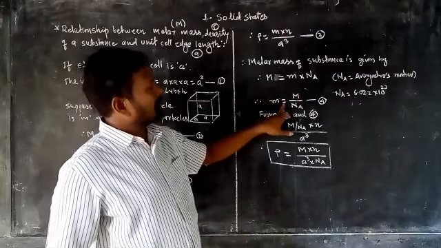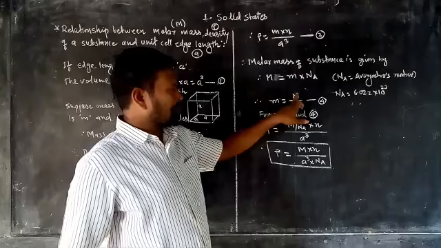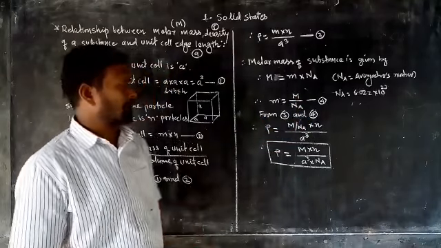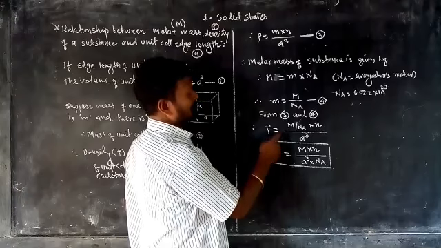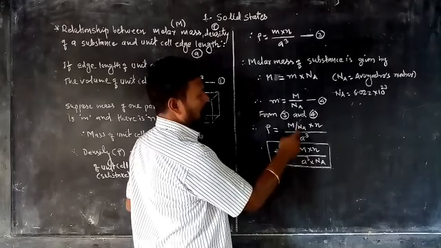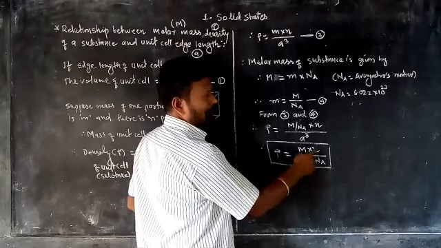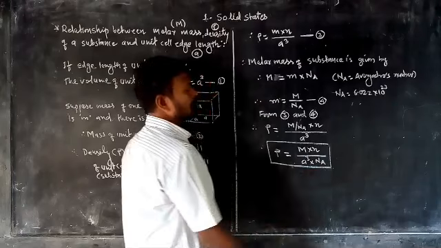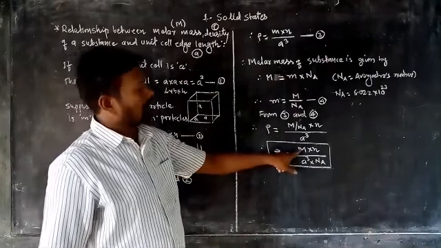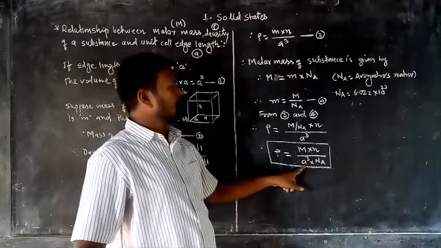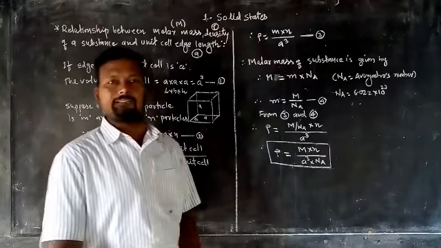The small m is equal to capital M, the molar mass, divided by Avogadro's number. So rho, that is the density of the substance, is equal to m into n divided by a cube into Na. This is the relation between the density, the molar mass and the volume of the unit cell.